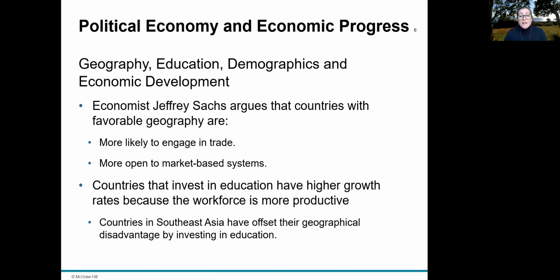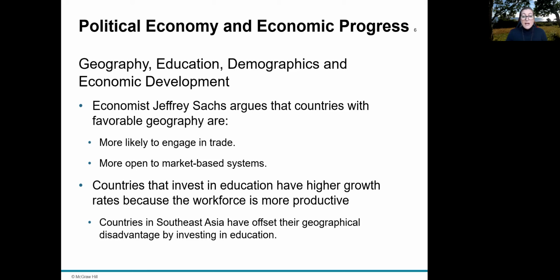Countries that invest in education also have higher economic development because the workforce is more productive, more sophisticated. The more educated the people, the more sophisticated the systems. And we've seen the rise of the Asian tigers in this regard.